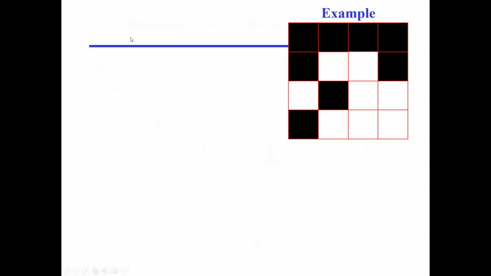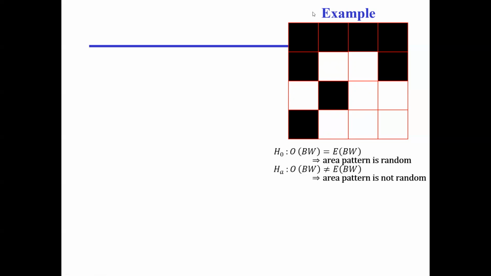For example, we have this chessboard, with black cells and white cells. It's a binary chessboard, right? We want to calculate different parameters to eventually decide if there is spatial autocorrelation or not, and this is the purpose of the joint count method. So firstly, the null hypothesis and alternative hypothesis.